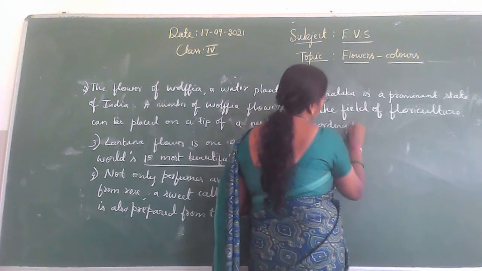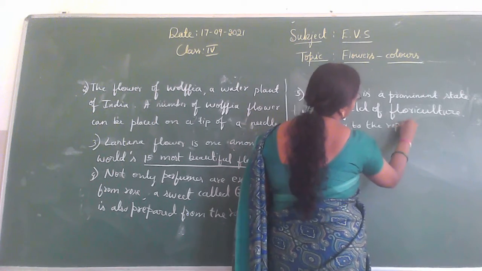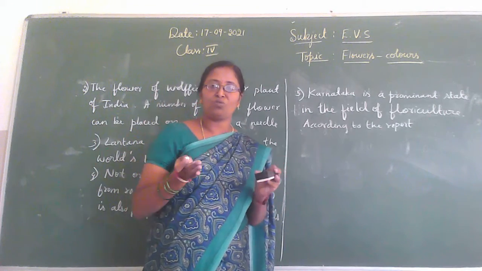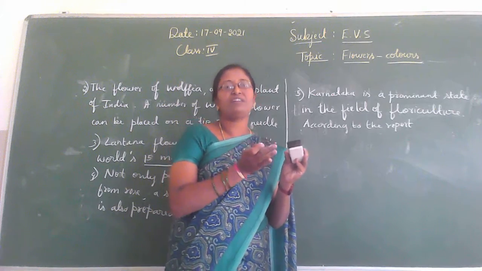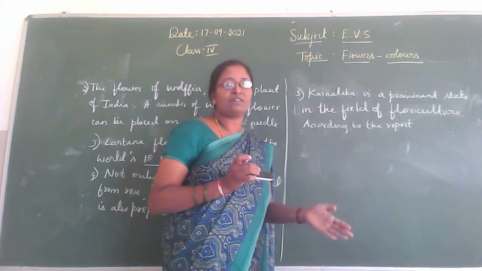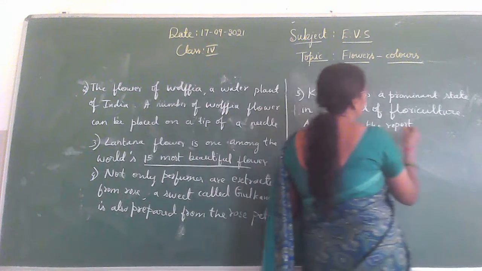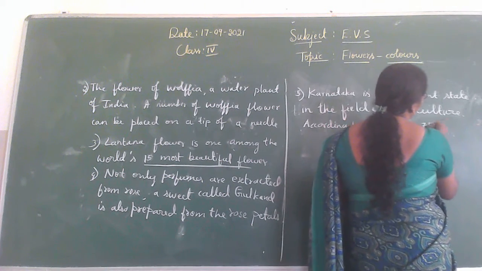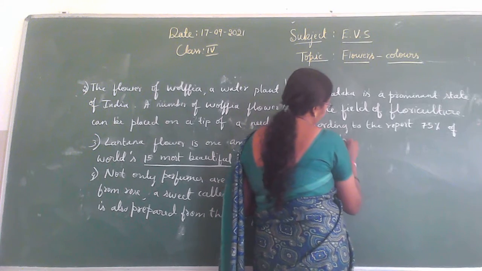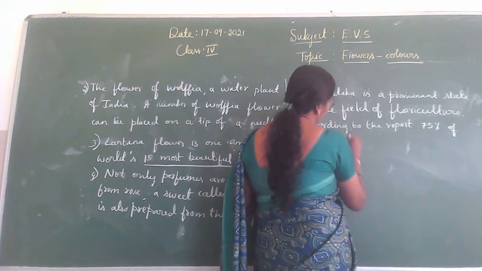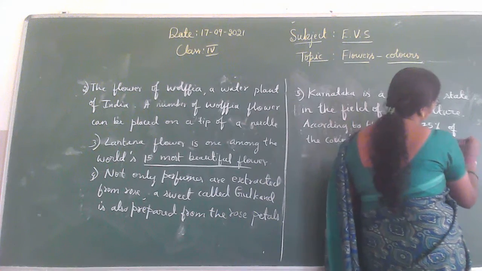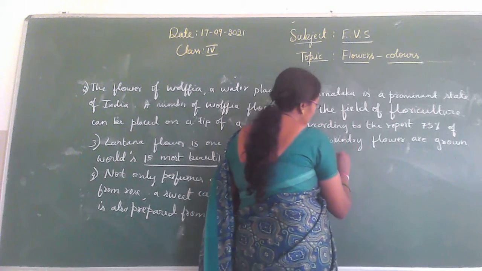According to the report, if we take the flowers grown all over the country as 100%, the maximum, that means 75% of the flowers, are grown in Karnataka, in our state.